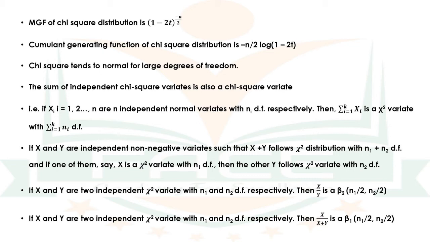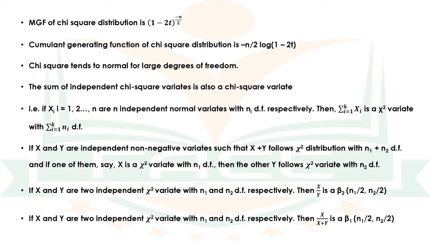The next point is, if x and y are two independent chi-square variates with n1 and n2 degrees of freedom respectively, then x by y is a type 2 beta distribution with parameters n1 by 2 and n2 by 2.